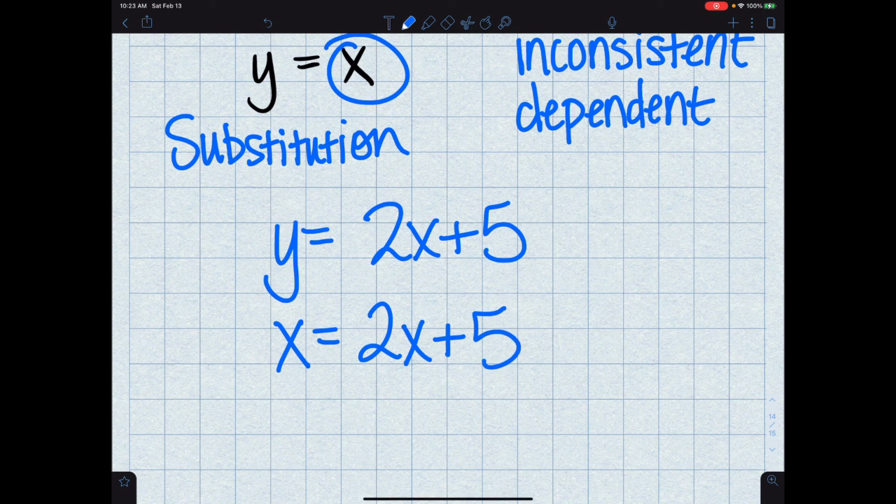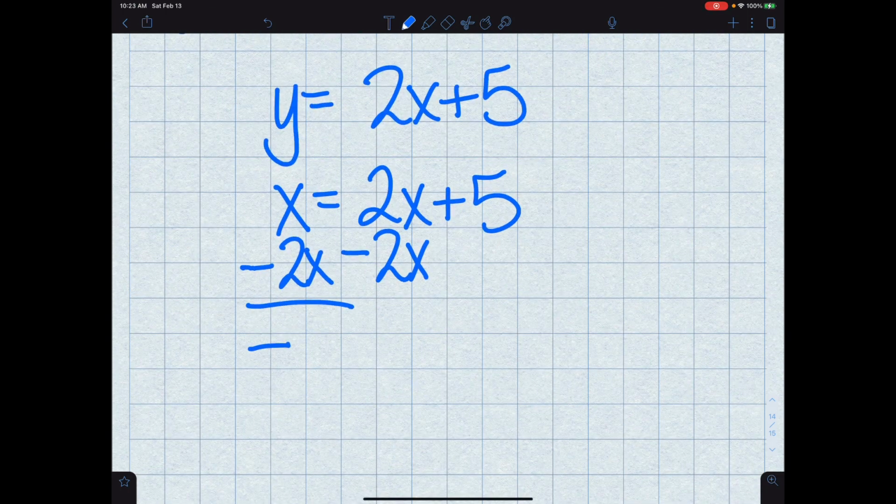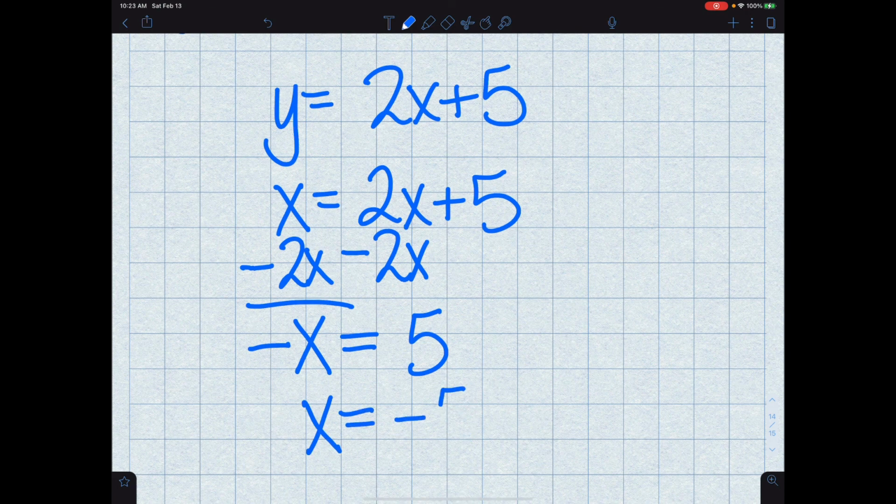Now let's subtract 2x from both sides. x minus 2x is negative 1x, so negative x is equal to 5, and that means x is equal to negative 5. That gave me a point.